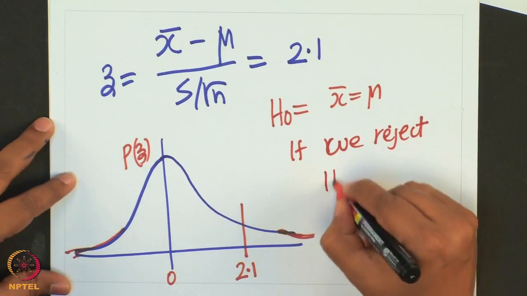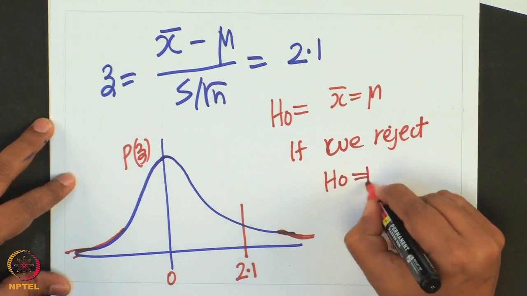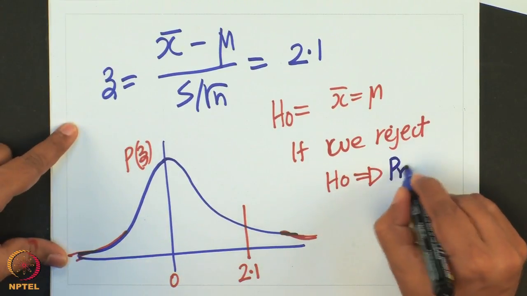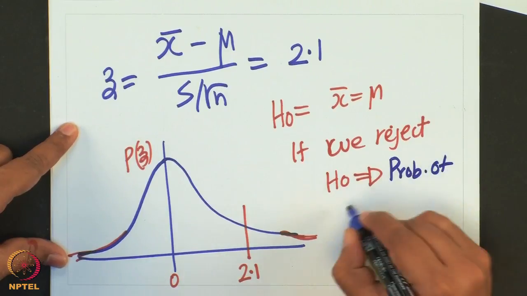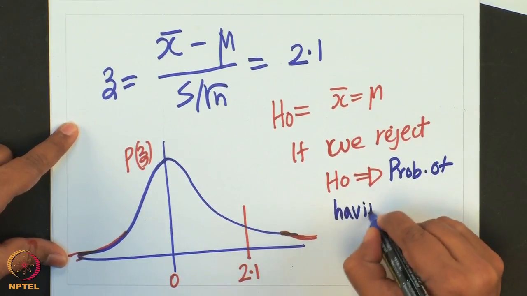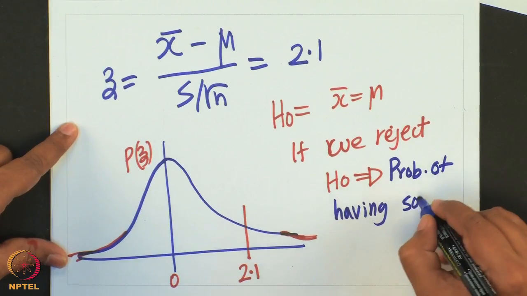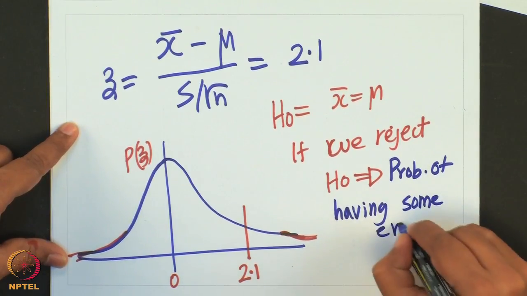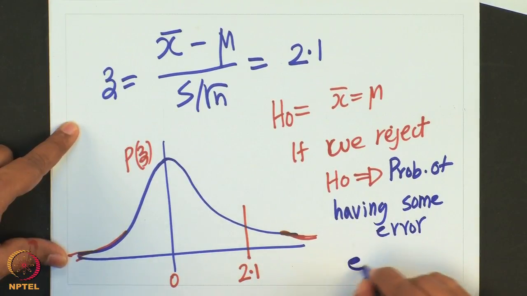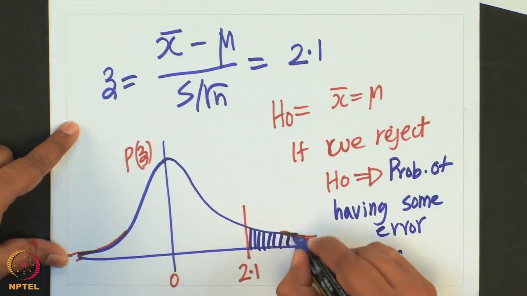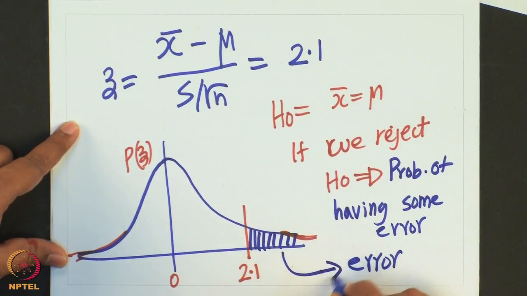If we reject the null hypothesis, there is some probability of getting some error. And that error is nothing but this area. So the area beyond z is this error.